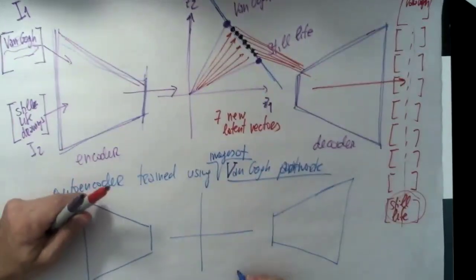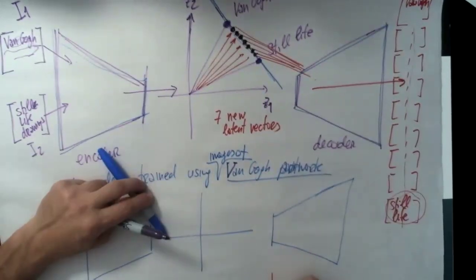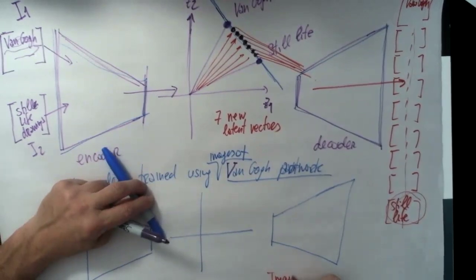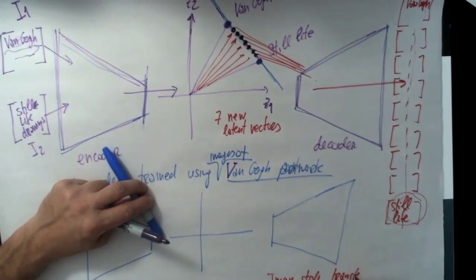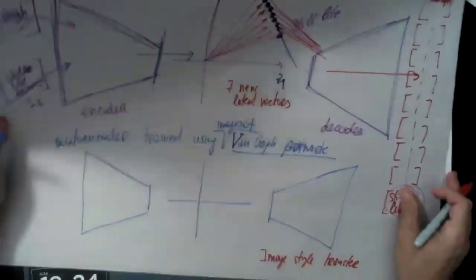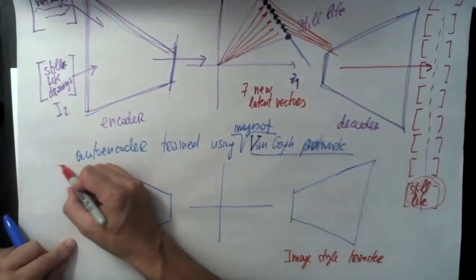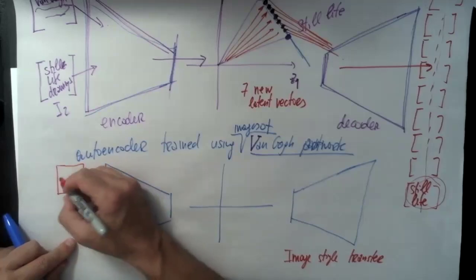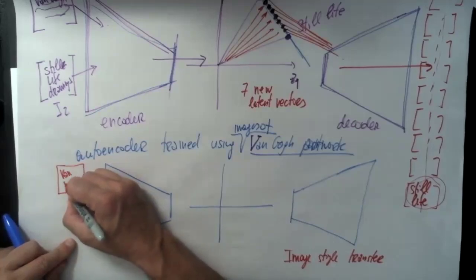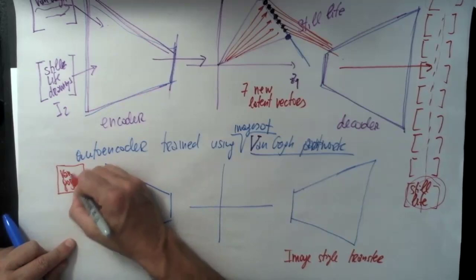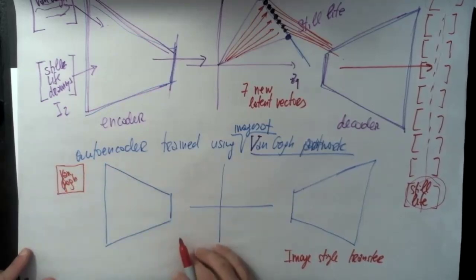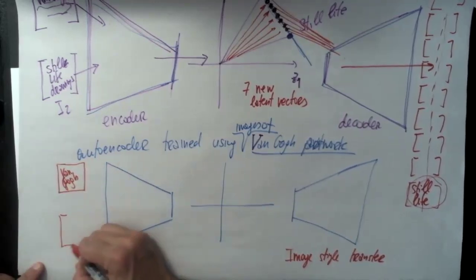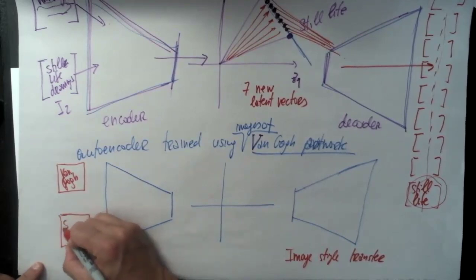So, image style transfer. Imagine that the autoencoder has been trained on Van Gogh paintings. And then here we have a charcoal drawing of a still life.